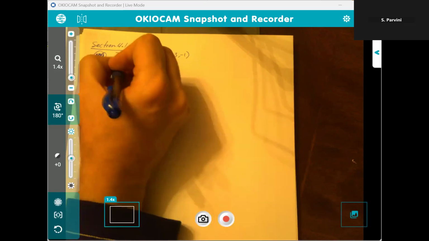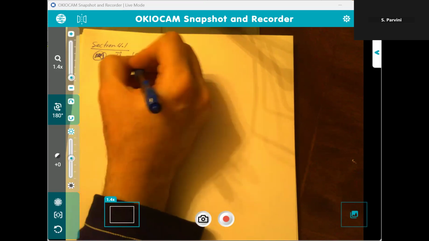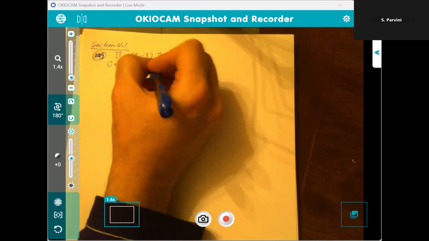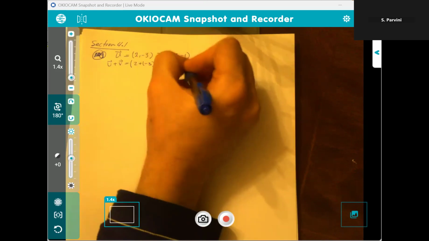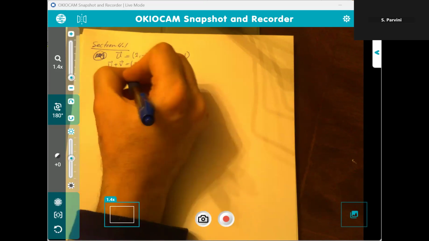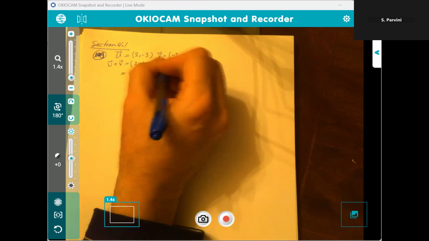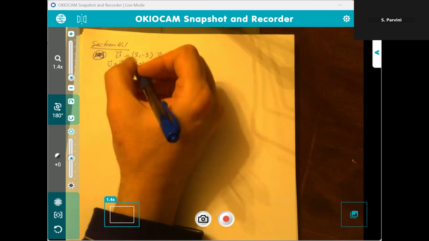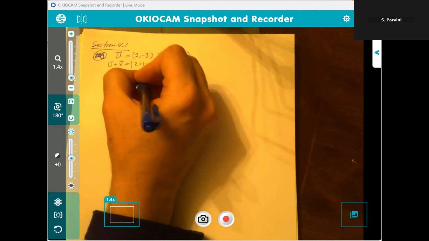Now let's do U plus V. Remember, for the sum vector, we add like components, so that's 2 plus -3, comma, -3 plus -1. And the sum vector is going to be -1, comma, -4.